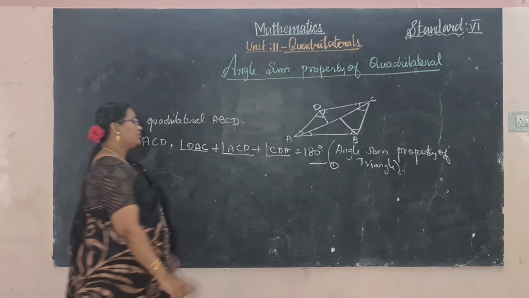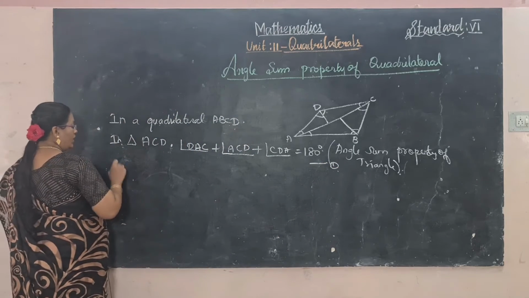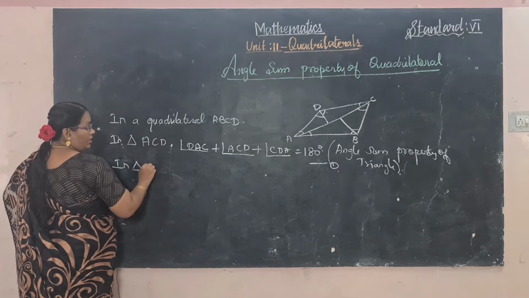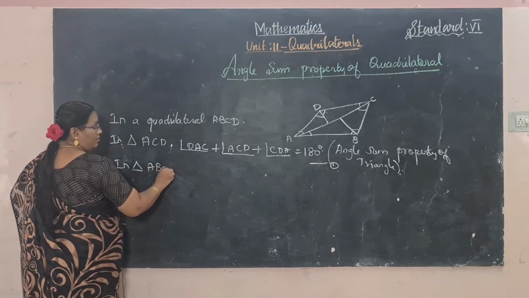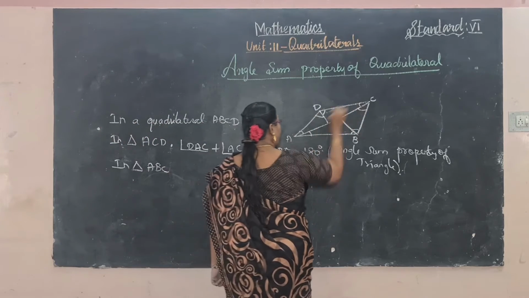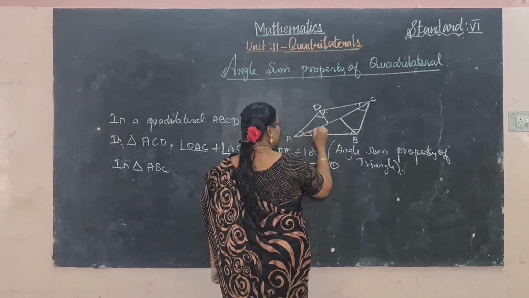Next, in triangle ABC, we have considered this one. First we considered this triangle, now we consider this triangle.